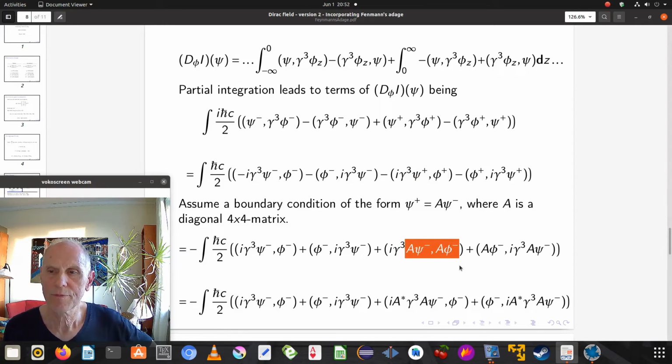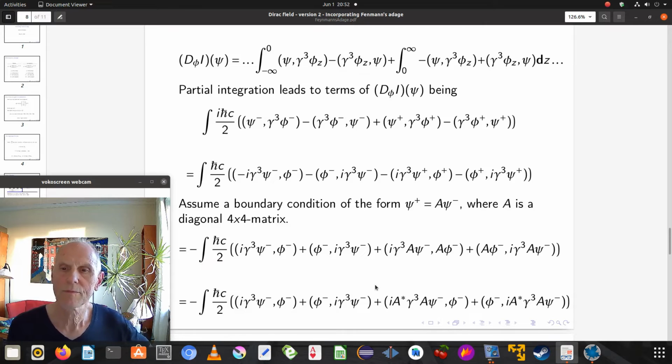That's here. And then we move A, isolate phi minus again, and we move it over so it's A star, the adjoint of A.